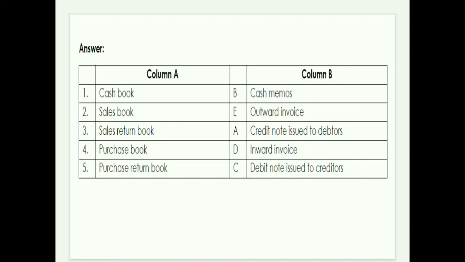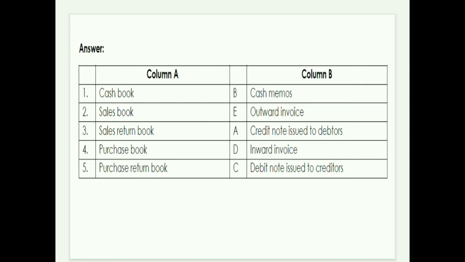Sales return book: here, whatever you have sold to the customer is returned back to you, so it will be a credit note issued to the debtors. And if it is the purchase book, then obviously inward invoices. If you buy something, then inward invoices will come.